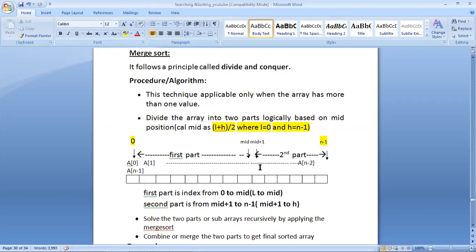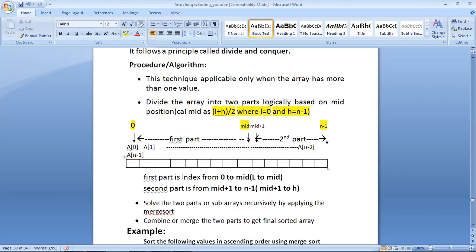Now we divide this array into two parts based on the mid position. Assume that the mid is here, the mid position or mid index. Then we divide this array into two parts. The first part is index 0 to mid, which is treated as the first part of the array logically. Since 0 is nothing but the lower index value, we can write L to mid also.